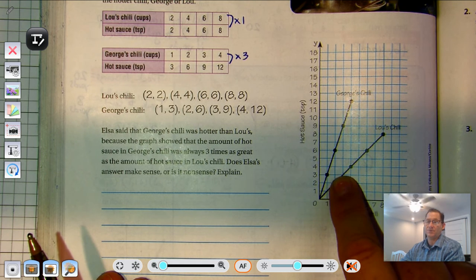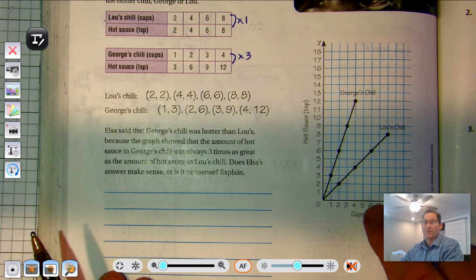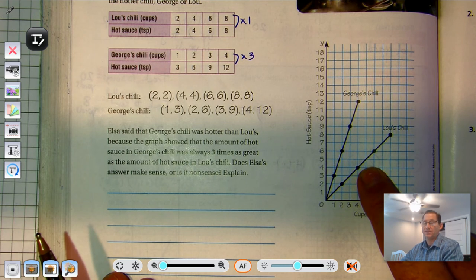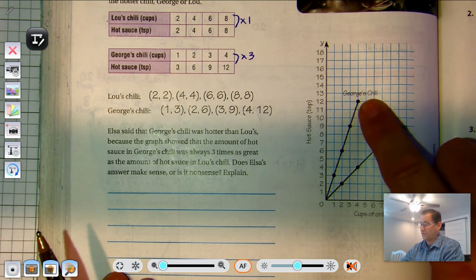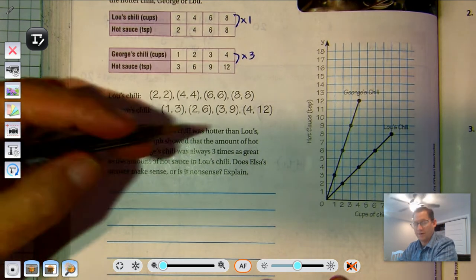Well, that's 3 times as much, right? 2 times 3 is 6. Okay, then when they had 4 cups, Lou uses 4 teaspoons of hot sauce, and George used 12. Again, that's 3 times as much, right? So yeah, her answer makes sense.